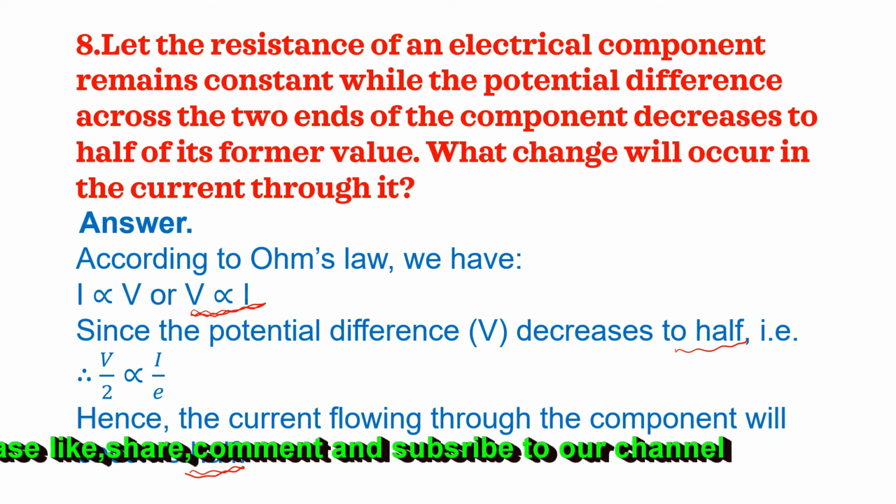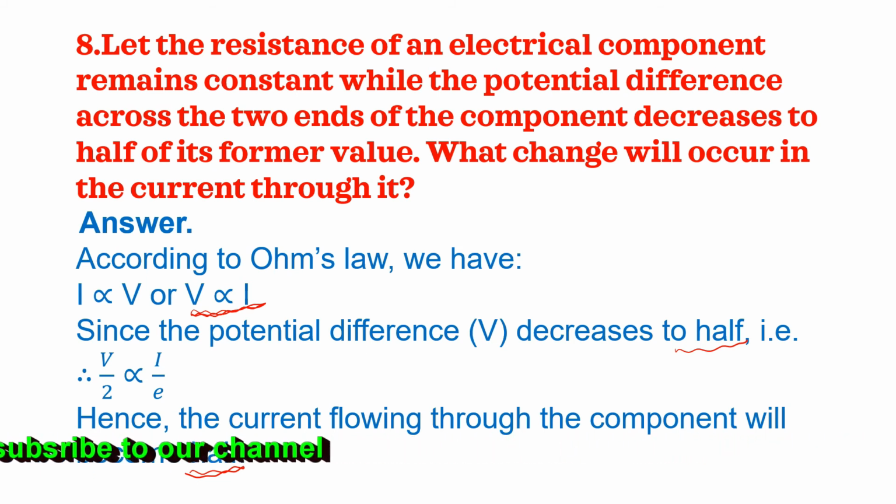If the potential difference increases, the electric current also increases. If it decreases, the current also decreases. Here the potential difference is reduced to half, so the current flowing through the component will also become half.